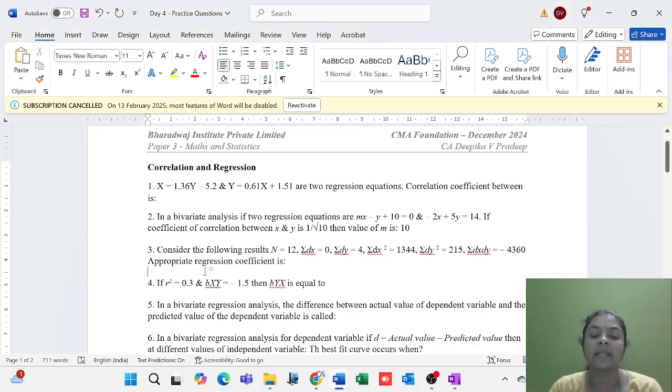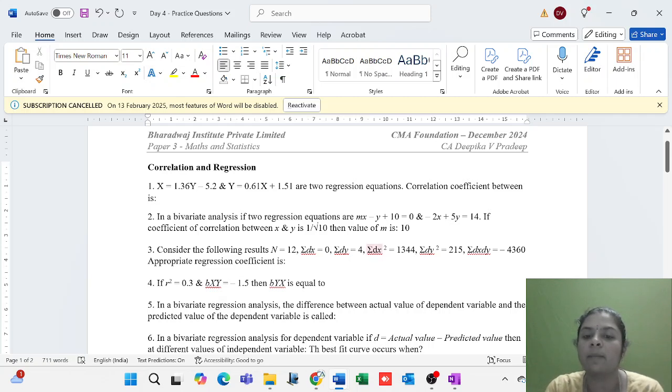Second point, they are asking you to find the appropriate regression coefficient. They have not told whether you have to find byx or bxy. How to understand whether they want you to find bxy or byx? Here data is available for both.